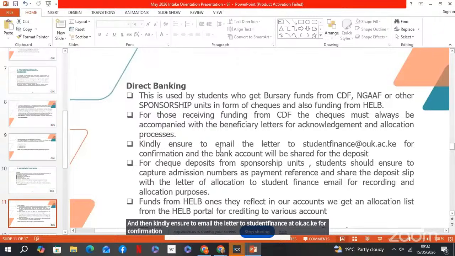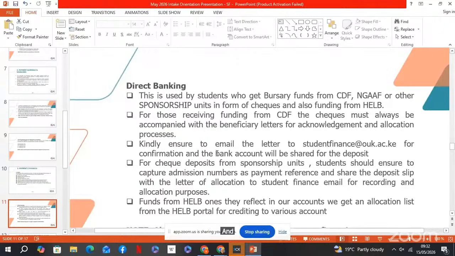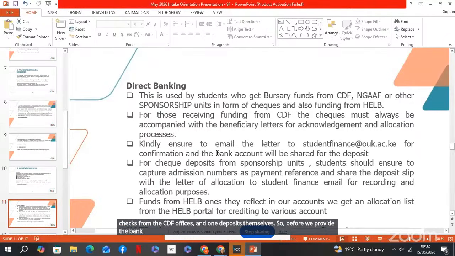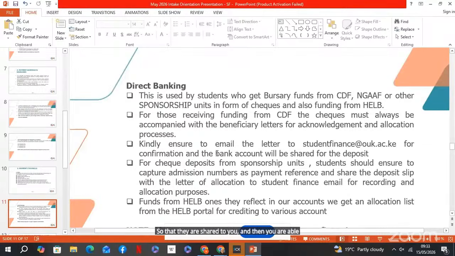And this is for those who get the checks from the CDF offices and want to deposit themselves. So before we provide the bank details to you, you have to share the beneficiary letter to us and then request for the bank details so that they are shared to you, and then you're able to go and deposit at any Equity branch.